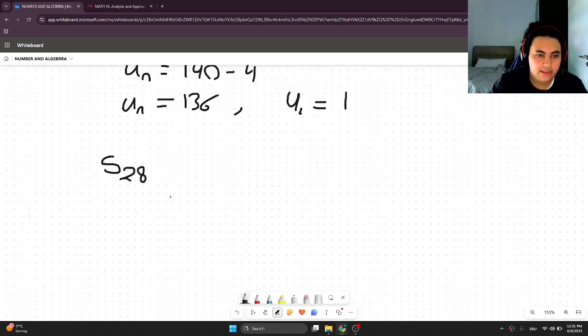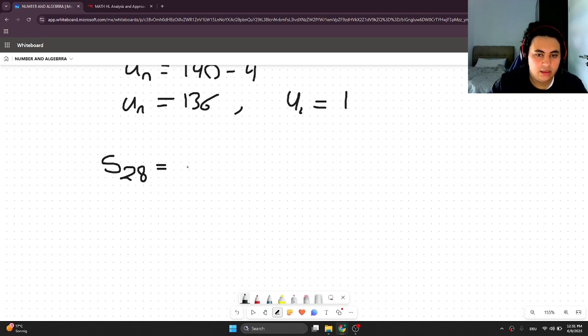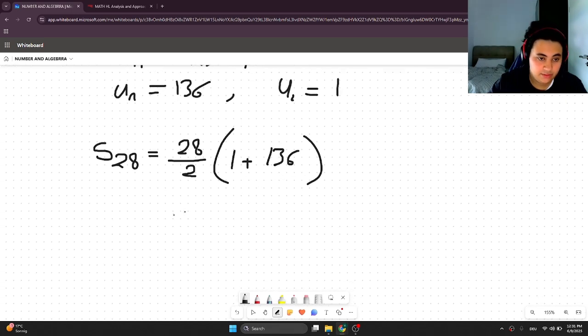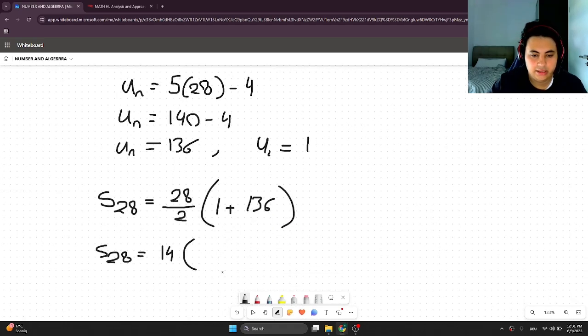So S28 is equal to n divided by 2, so 28 divided by 2, multiplied by 1 plus 136. So this is going to be 137. So S28 is equal to 28 divided by 2, which is 14, multiplied by 137.